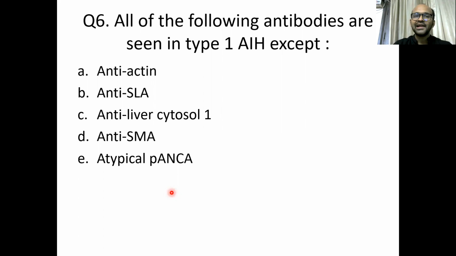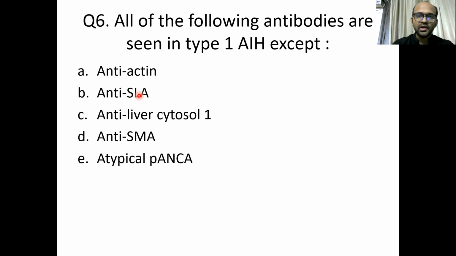Now, all of the following antibodies are seen in type 1 autoimmune hepatitis except. So you can mark this answer. You can have anti-actin antibodies, you can have anti-soluble liver antigen. Initially we used to say type 1, type 2 and type 3 autoimmune hepatitis, but now we have only two types, type 1 and type 2.